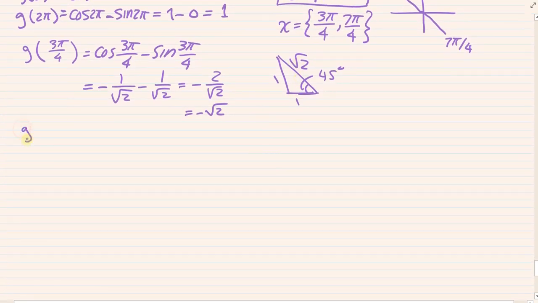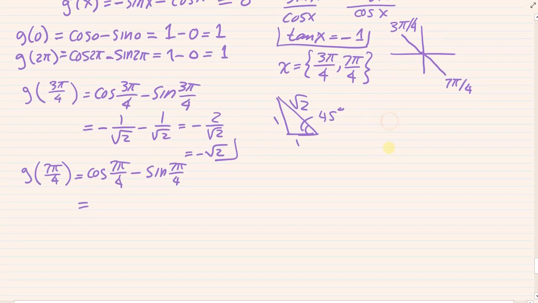And g at 7 pi over 4 ends up being cosine of 7 pi over 4 minus sine of 7 pi over 4. Cosine of 7 pi over 4, again, the reference angle is 45 degrees.